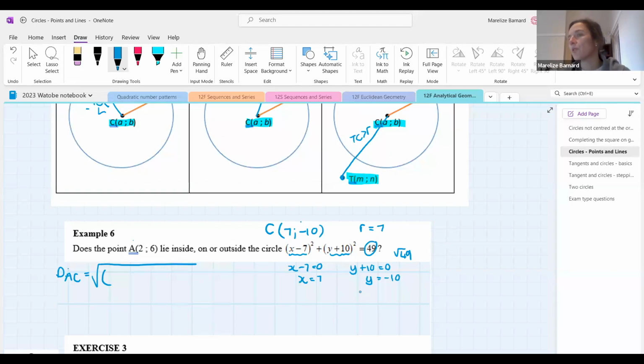Because we want to know if the point A lies inside, on, or outside the circle. So we're going to go 2 minus 7 squared, plus 6 minus 10 squared. And then we hook that up in the calculator.